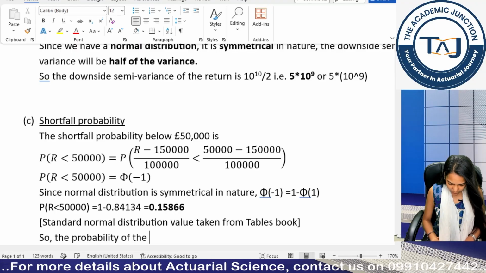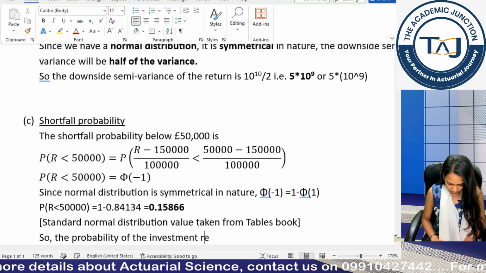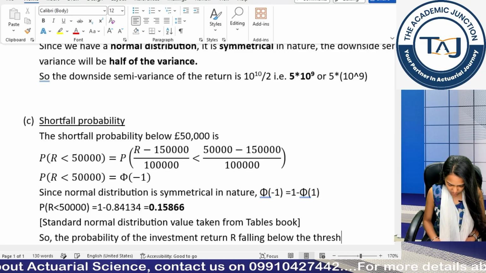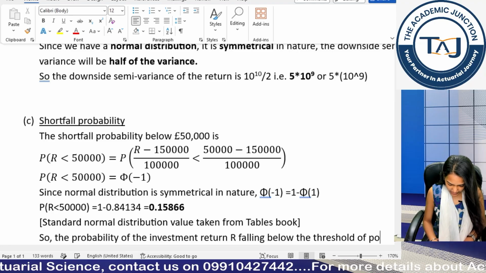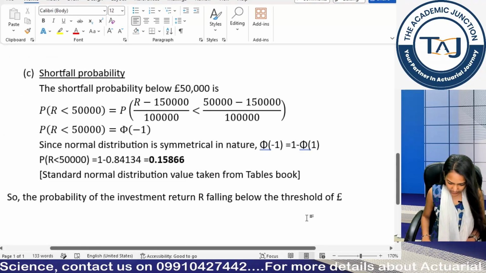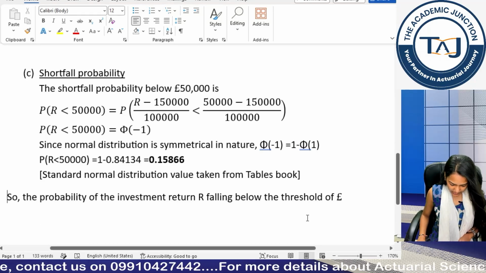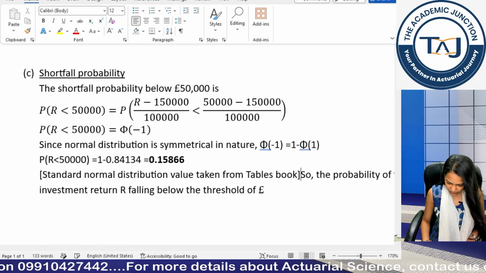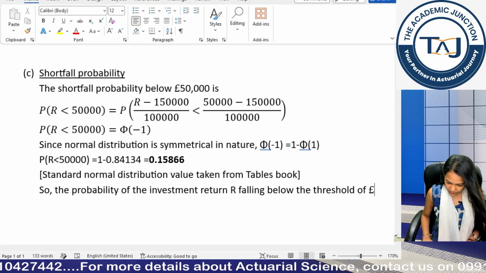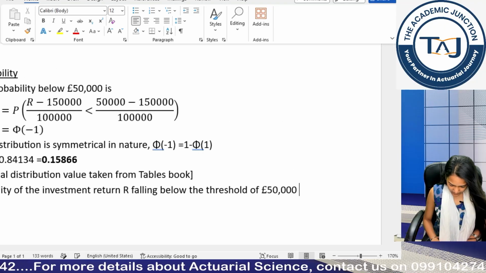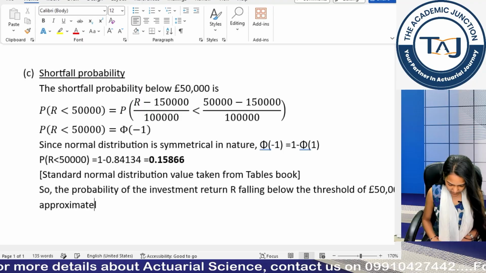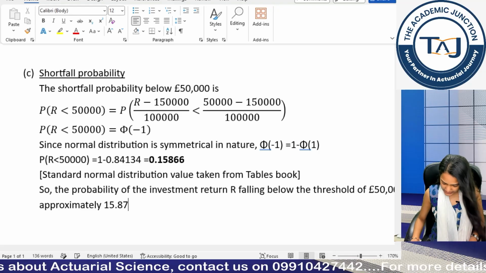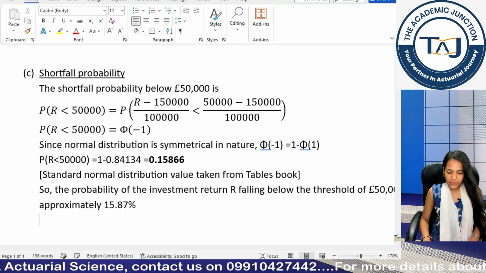So the probability of the investment return falling below the threshold of pound, again I have to write pound F3, again I adjust back the alignment, below pound 50,000 is approximately, I will approximate into 2 decimal places, 15.87 percent. So this is the final answer.